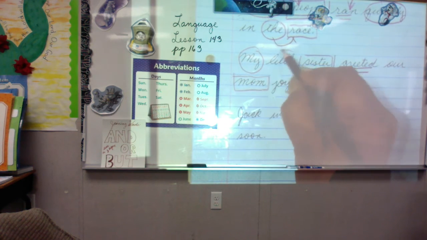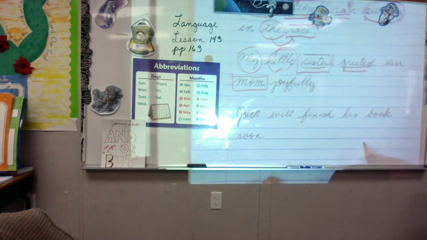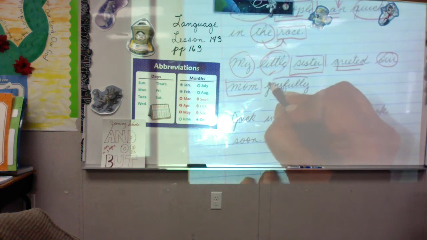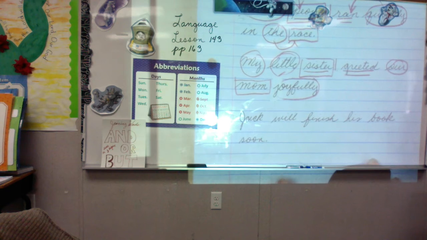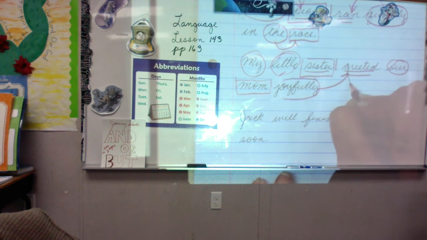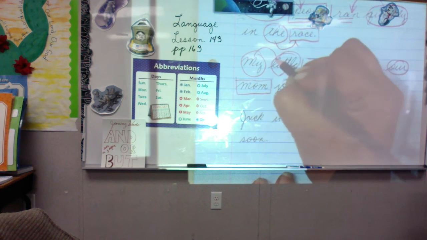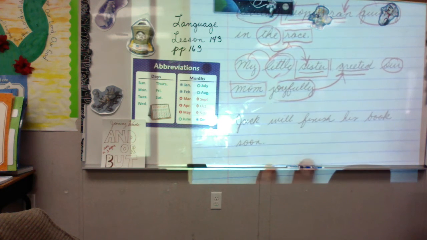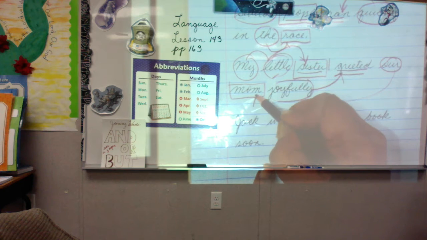My is an adjective. Little is an adjective. Our is an adjective. Joyfully is an adverb. She joyfully greeted. My little sister, they describe sister. And our mom.